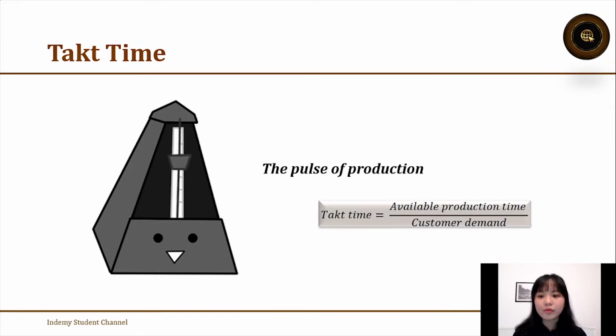And here is the equation for takt time: available production time divided by the customer demand. But this result is the ideal one, because we might need to consider break times or any other factors that interrupt the process, for example, delay or backlog.